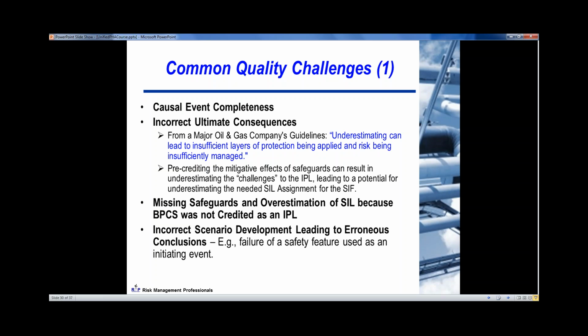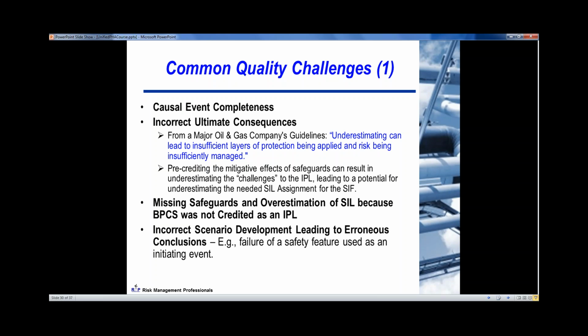The third bullet here, missing safeguards and overestimating SIL, that's another opposite end of the spectrum. If you're not clearly identifying your safeguards, when you turn that over to your instrumentation folks to identify a safety integrity level for a safety instrumented function, they're going to overestimate the reliability needs.